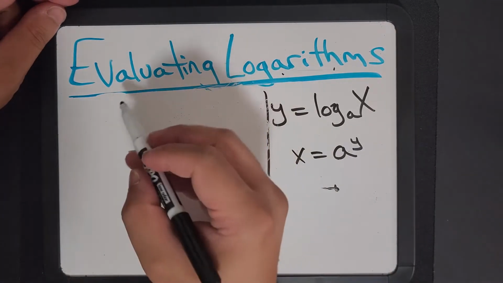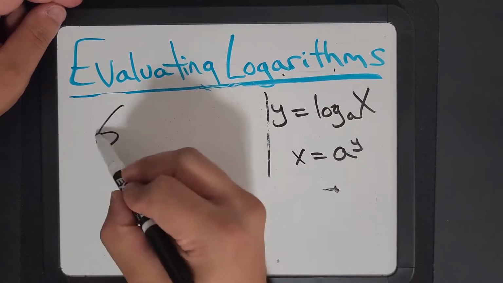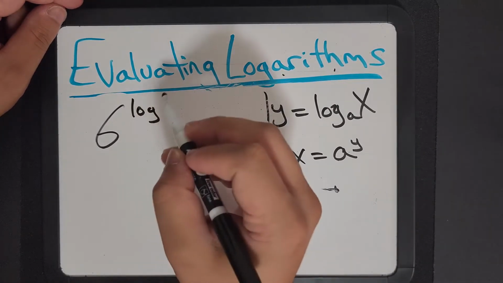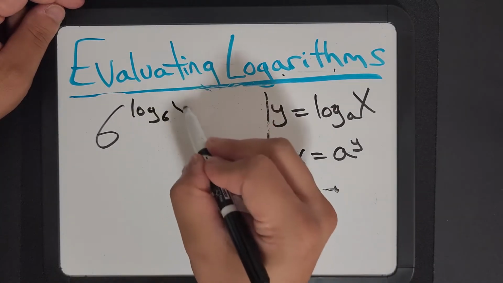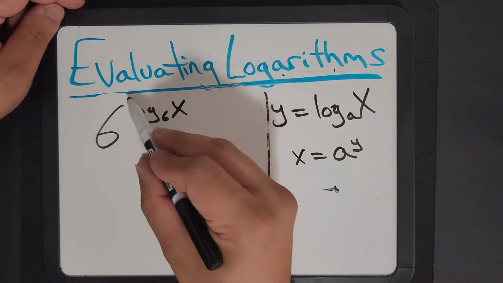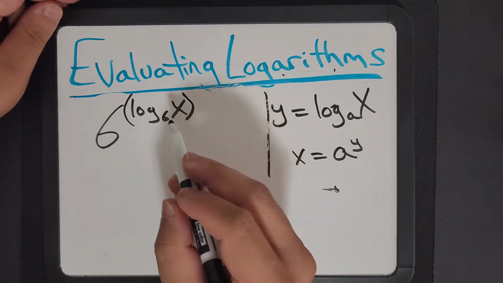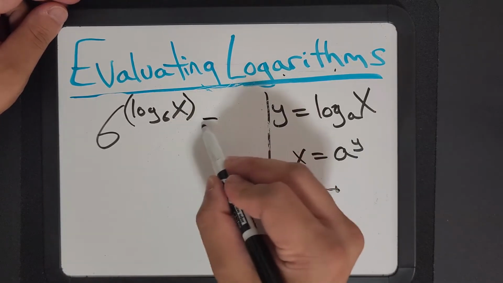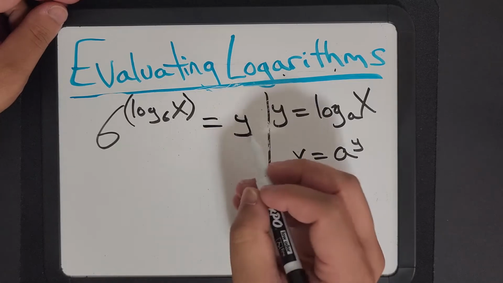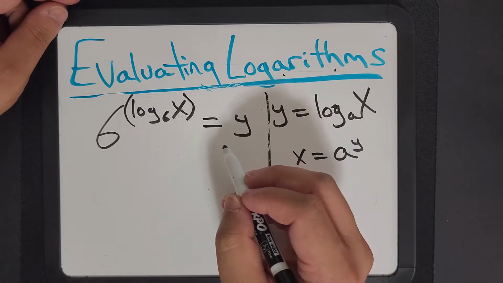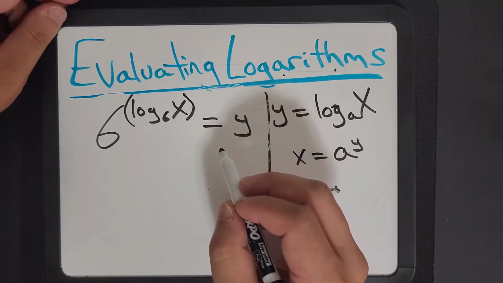Just so you're prepared, let's do 6 to the power of log base 6 of x, and let's say we equate this to y. So, how do we do this?